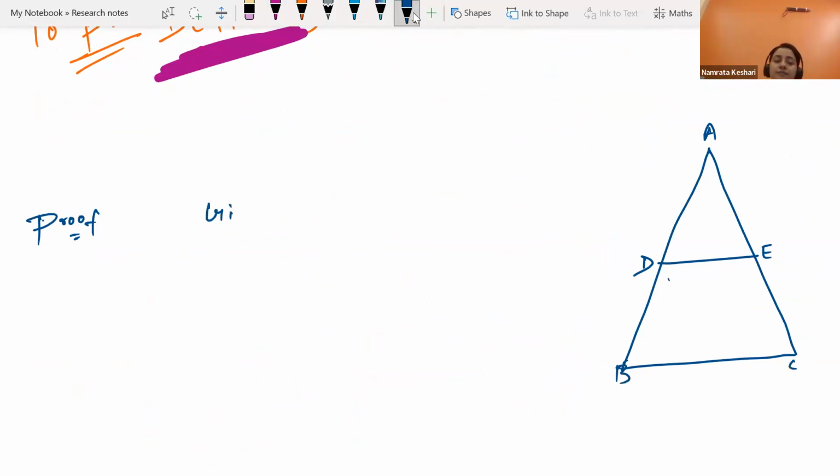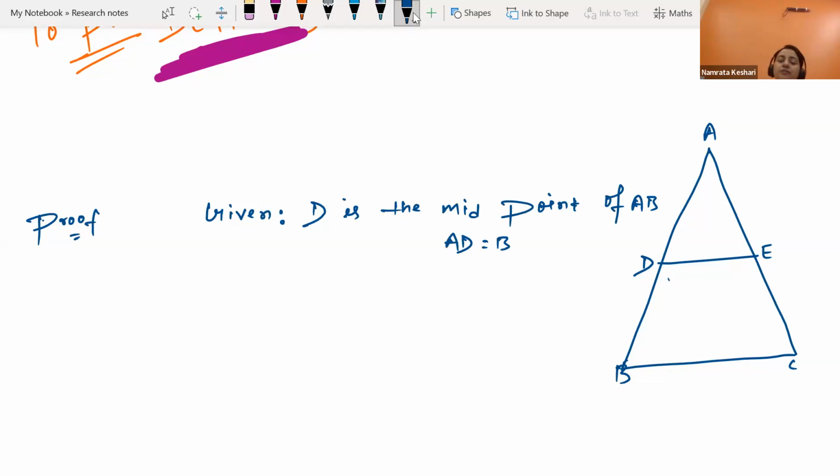Given: D is the midpoint of AB, then we can write AD is equal to BD.